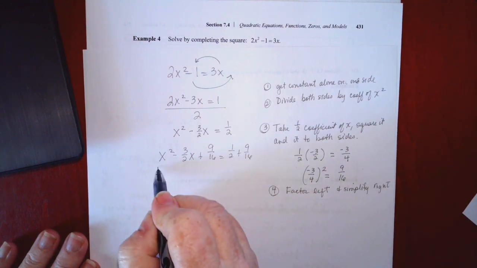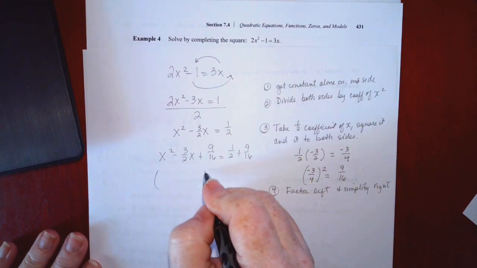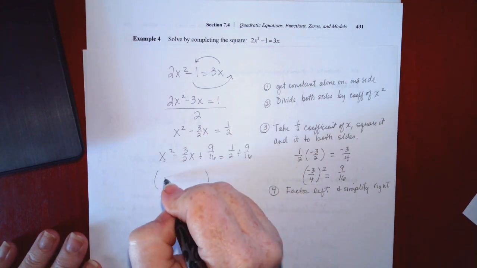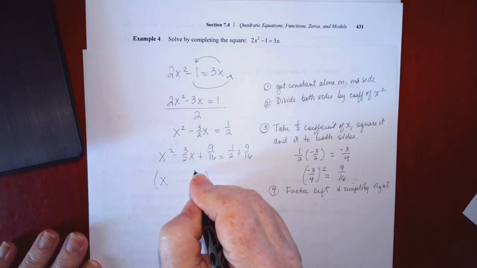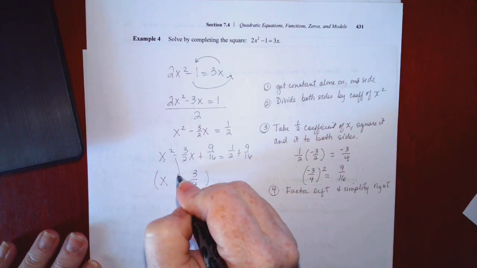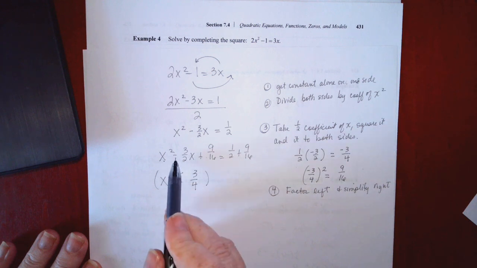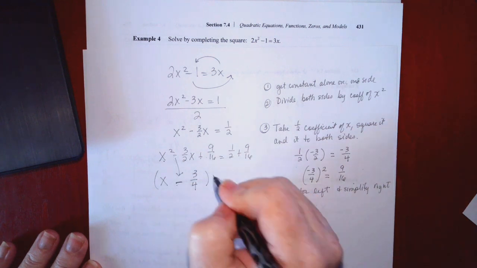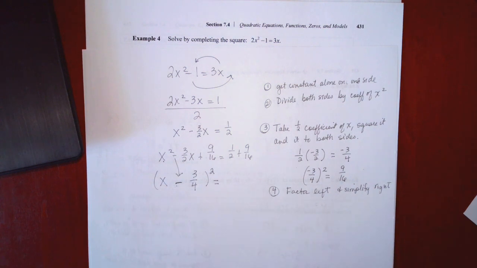By what we added to both sides, this side will factor into the square root of this, which is x, and the square root of this, which is 3/4, and then whatever that sign is. If that's a plus, this would be a plus. Since this is a minus, this will be a minus. And it's that squared. And of course you can check yourself by multiplying it back out.